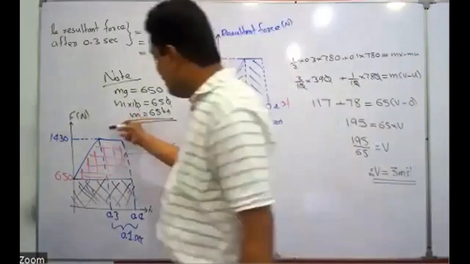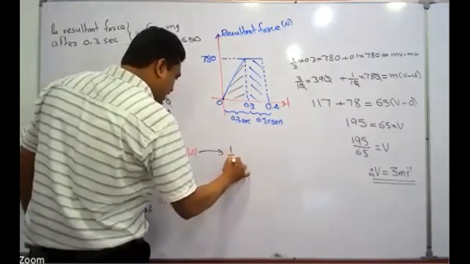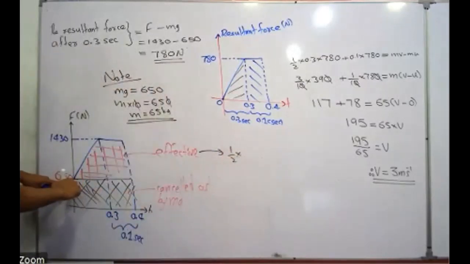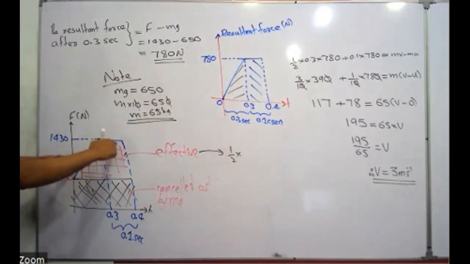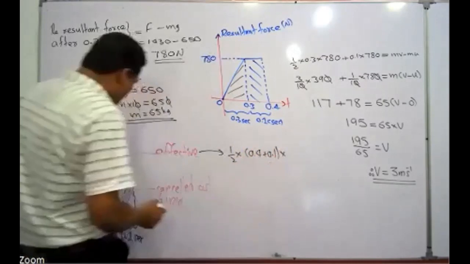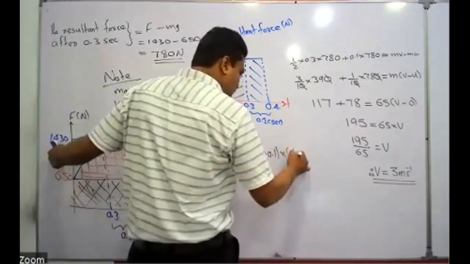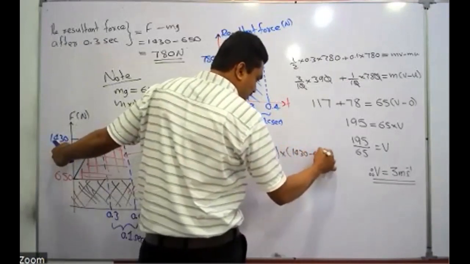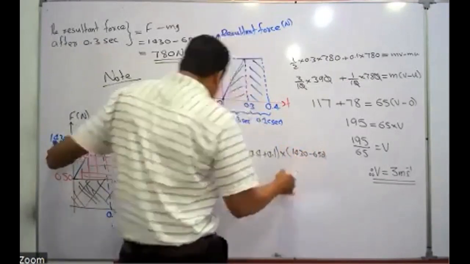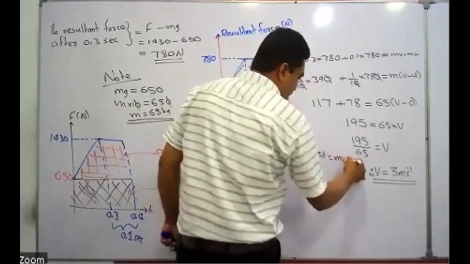So now you consider only the area of this section. What is the area of the effective section here? Half into base, I'll consider this as a trapezium. Half into the sum of the parallel sides 0.4 and 0.1, into the perpendicular gap between the parallel sides, 1430 minus 650, equals mv minus mu.